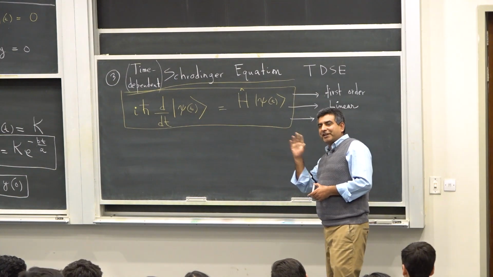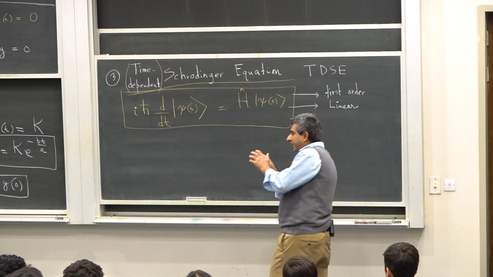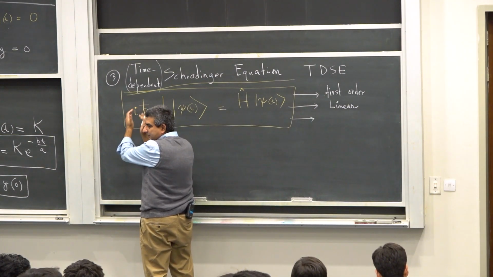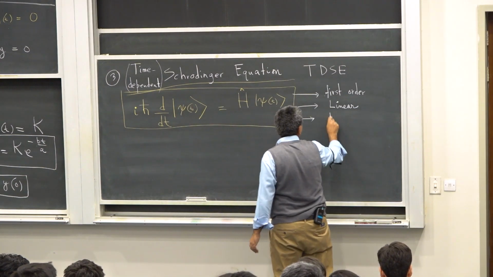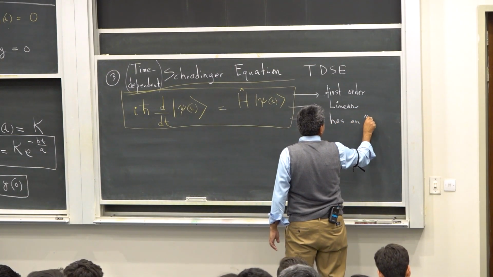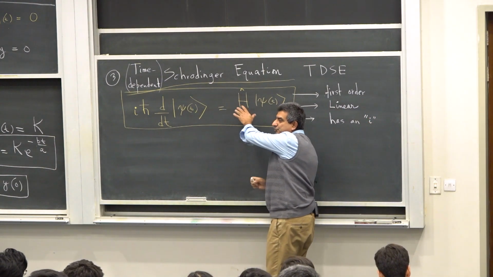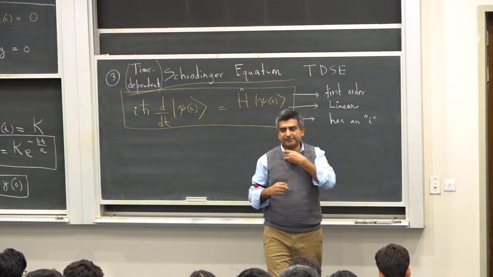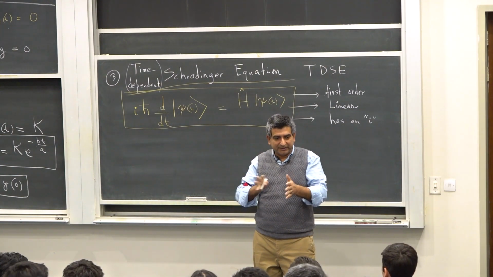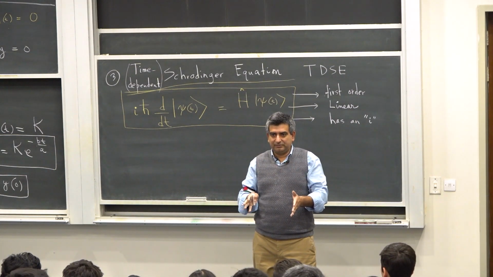Is there anything strange that you find in this equation? This has a complex character to it. This has a complex number in here, so it has an iota. And this object here is not a number. H, although it refers to the energy, is not a number. It's an operator.